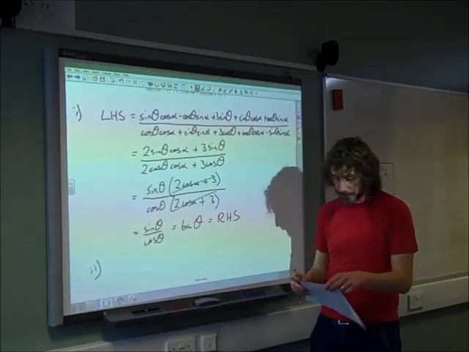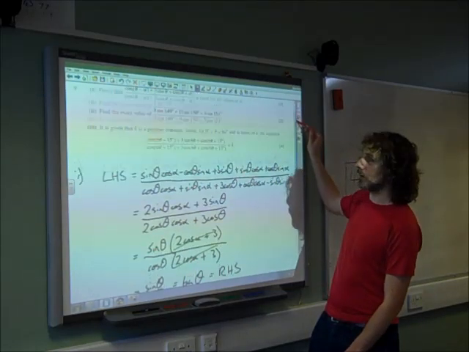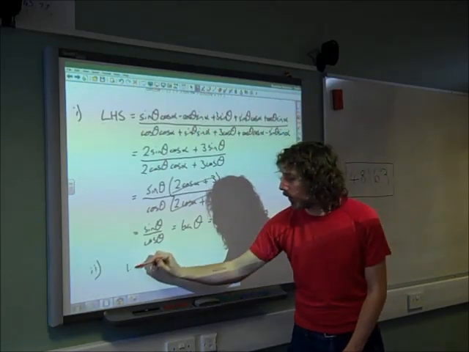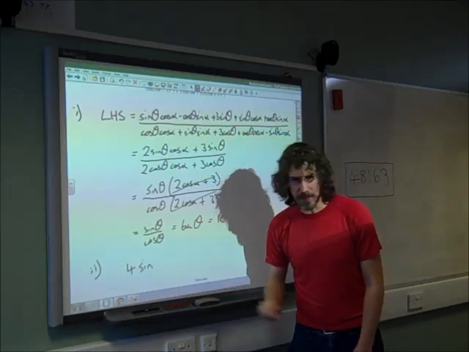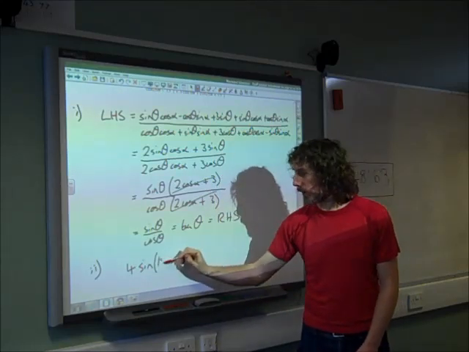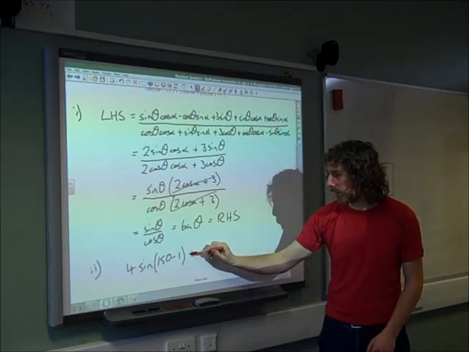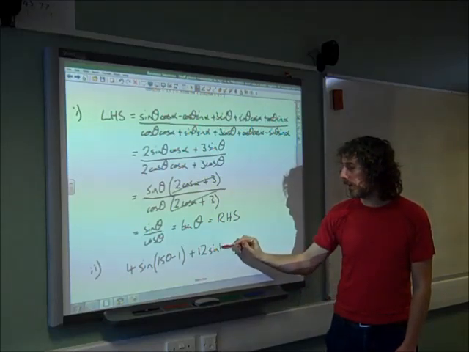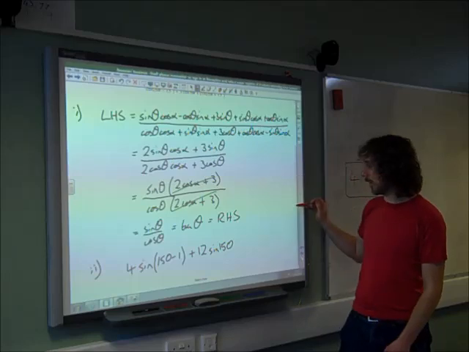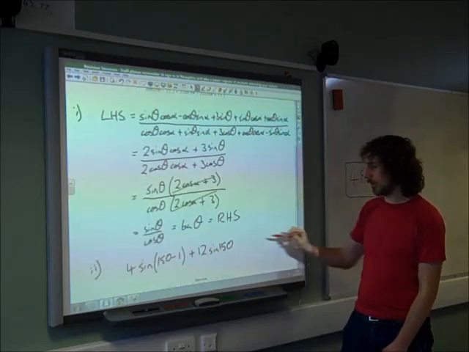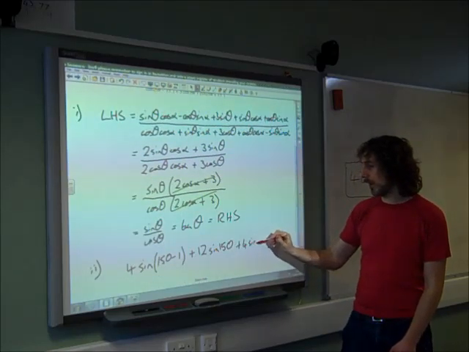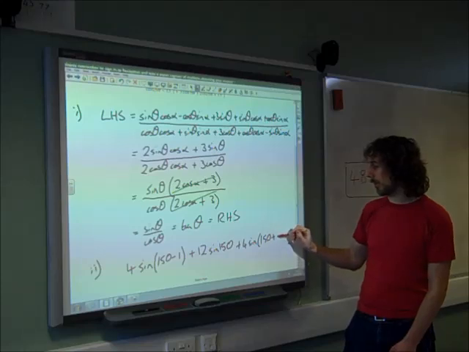What we're saying is that, in fact I'm going to write it out in a little bit more detail, we've got 4 sine 149, which is the sine of 150 minus 1. We then had 12 sine 150 and 4 sine 150 plus 1.